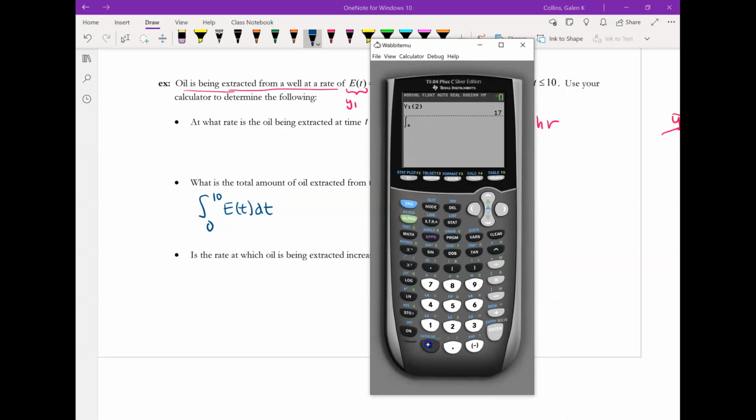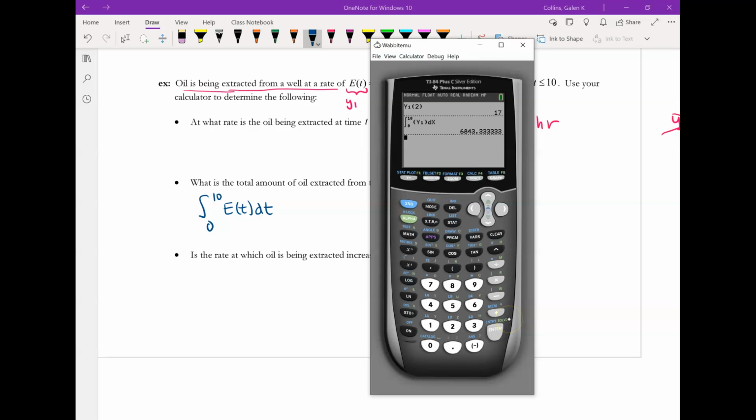So I want to plug in a 0 for my lower limit, a 10 for my upper limit. And then I need to plug in where I stored my function, which was in y1. So vars, y-vars, function y1. And then you always have to plug in the variable of integration, which is x. It's always going to be x.